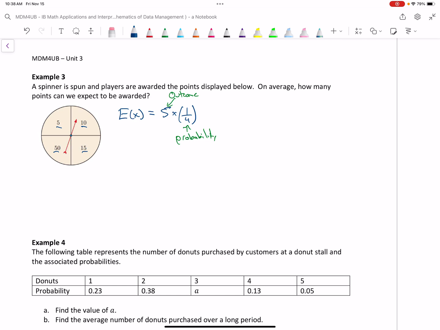And then I would add it to the next outcome, which will be 10, let's say, times its probability. And notice all the probabilities are going to be the same, which is fine. I keep going, 15 times 1/4 plus 50 times 1/4.